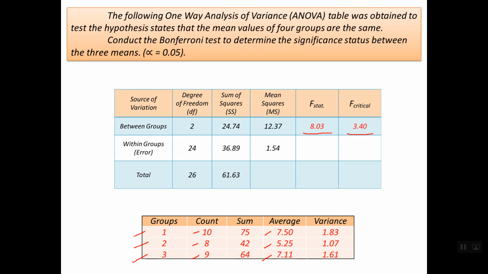So what is needed in this question is to conduct the Bonferroni test in order to determine the significance status between the pairs of means for the three groups. The significance level alpha is equal to 0.05.